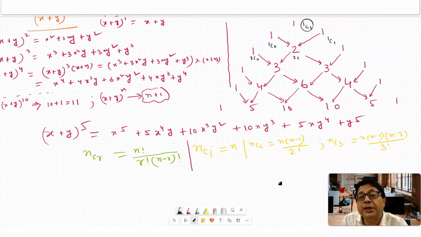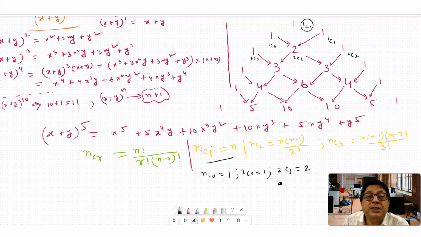This is 2C1 and this one is 2C2. Why? You use the formula. 2C0: NC0 is what? NC0 is factorial n by factorial 0 factorial n, so this is 1. So 2C0 is 1. What about 2C1? Use this formula. NC1 is n. So 2C1 will be 2.